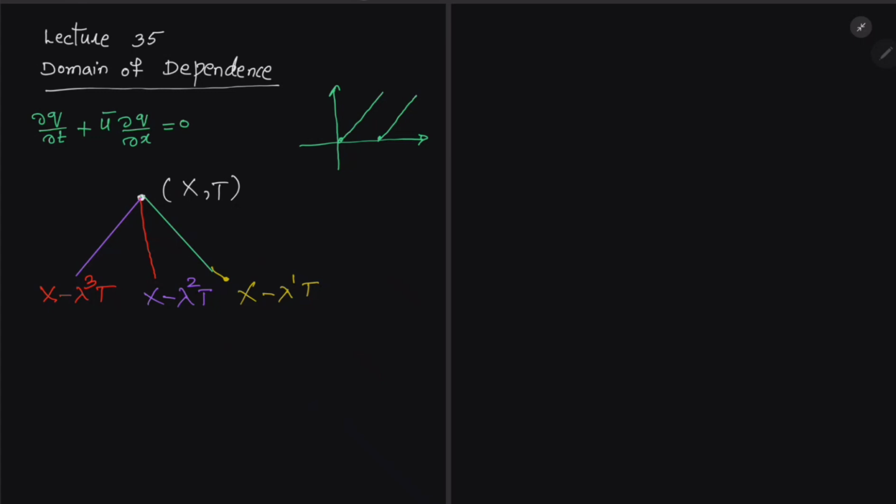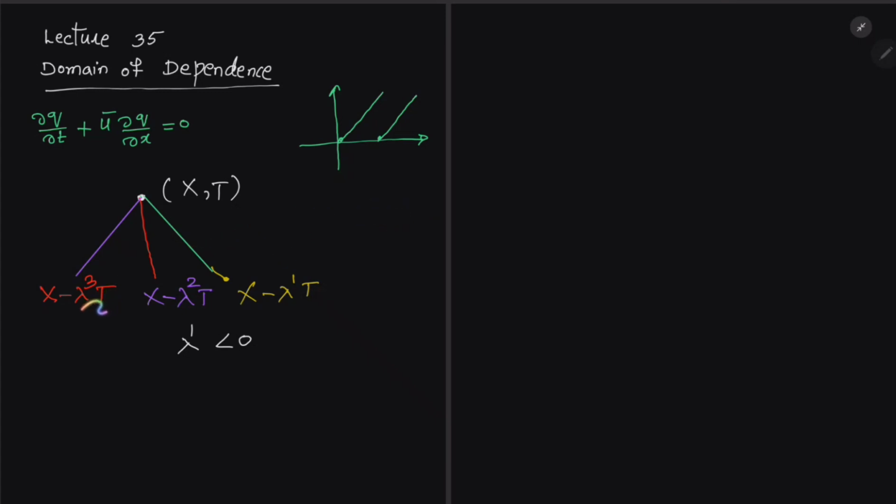We must understand that there are three eigenvalues, and there should be some value of lambda 1. If lambda 1 is less than 0, then we have this negative slope.